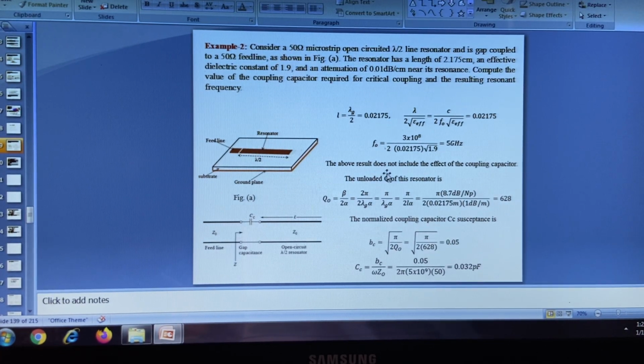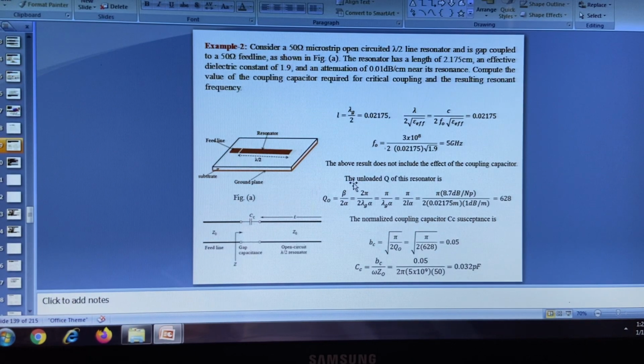The above result does not include the effect of the coupling capacitor. If you include the coupling capacitor effect, the resonant frequency becomes lesser than this 5 gigahertz.